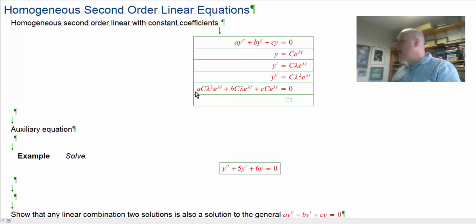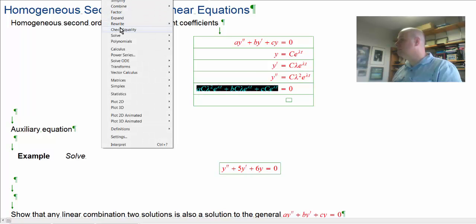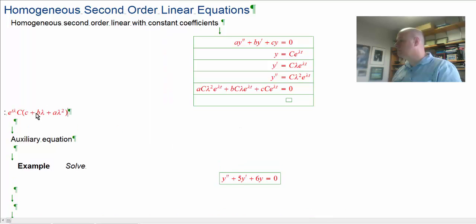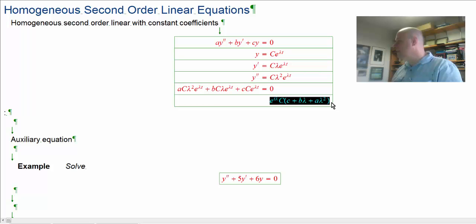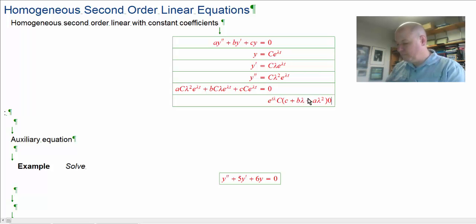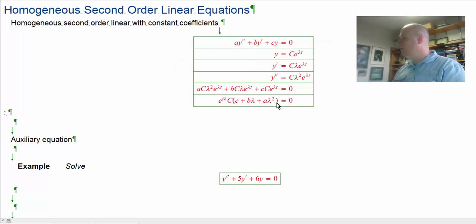Well, notice I can factor this side. When I factor it, I get e to the lambda t times C times this quadratic.